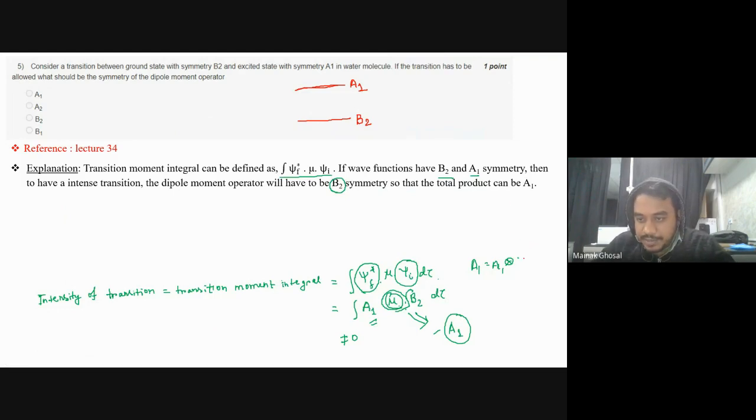So there should be something, then it will be multiplied by something of B2 symmetry, so that the total symmetry is A1 symmetry. You can see here there is A1 already there. So I now have to find something which will multiply with B2 and give me the same configuration.